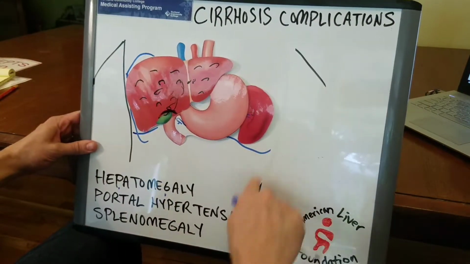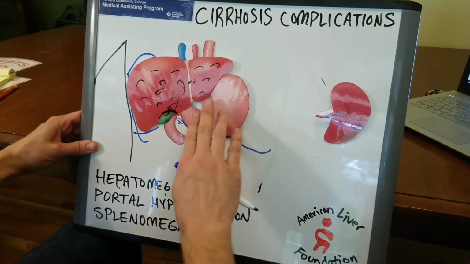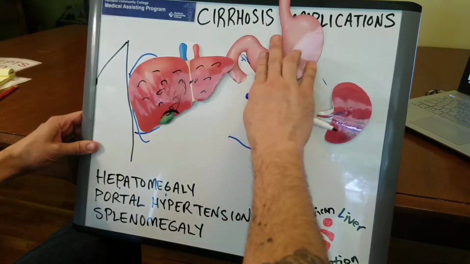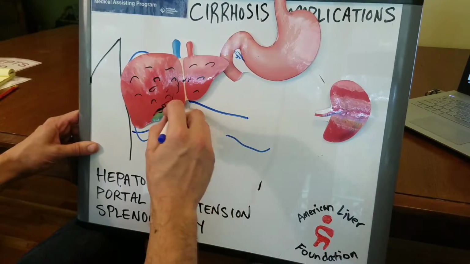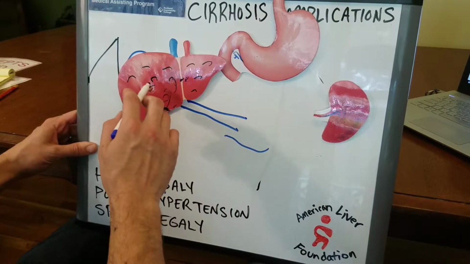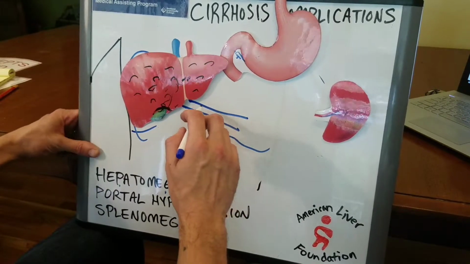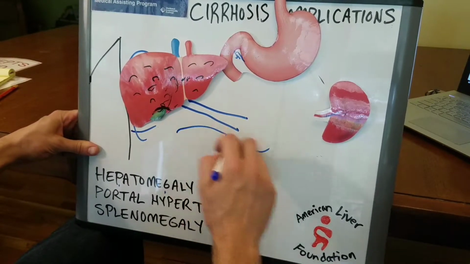If we split this person up so you can see a little bit better, let's get the stomach up out of here a little bit. So the portal vein that goes into the liver connects to multiple organs.